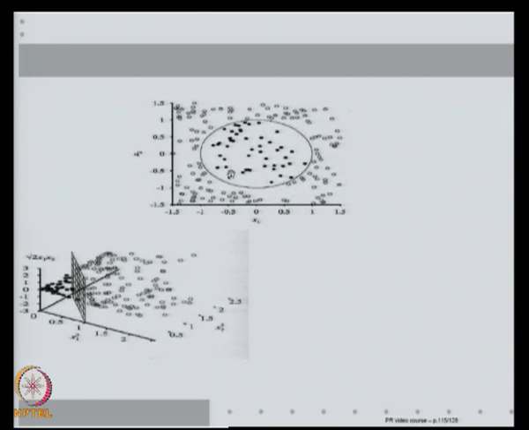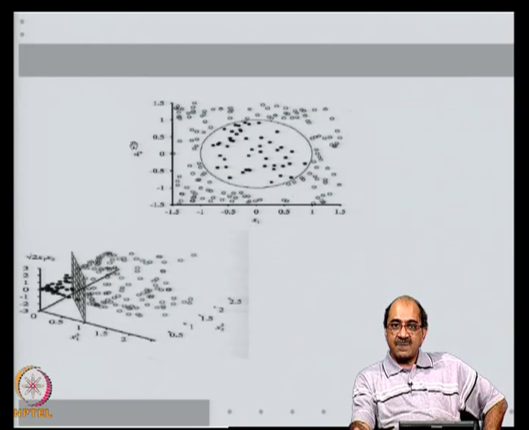Say, for example, in the original feature space, everything inside the circle is one class, outside the circle is another class. This is essentially nonlinear, because no linear function in x can separate the two classes. But if I change my axes, so that I have x1 square, x2 square, x1, x2 as my axes, then in the new space, all the points inside the circle will come on one side, all the points outside the circle come on the other side, and a hyperplane can separate them.